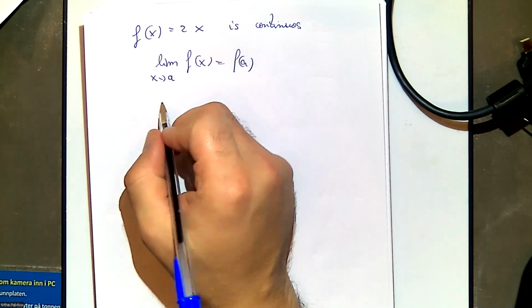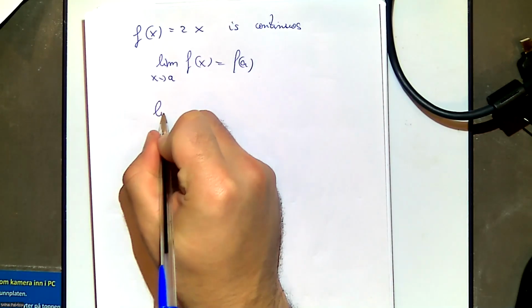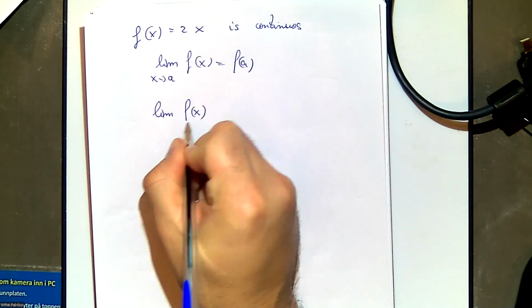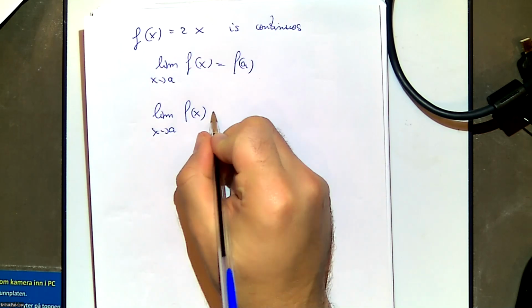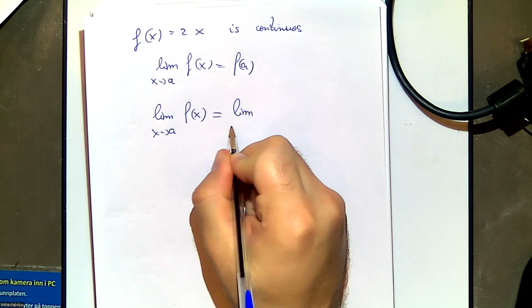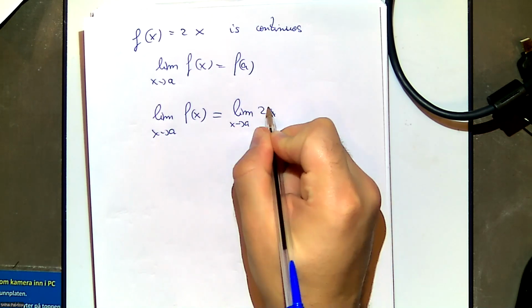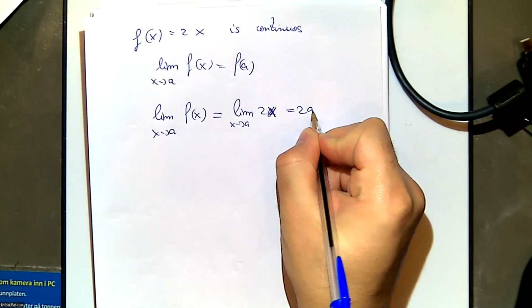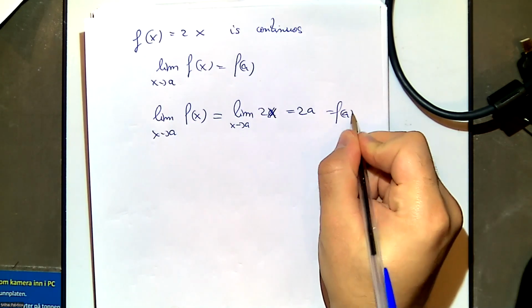Or you can just say, okay, the limit of f of x as x goes to a is still the limit as x goes to a of 2x, which is just 2a, which is just f of a by definition, okay?